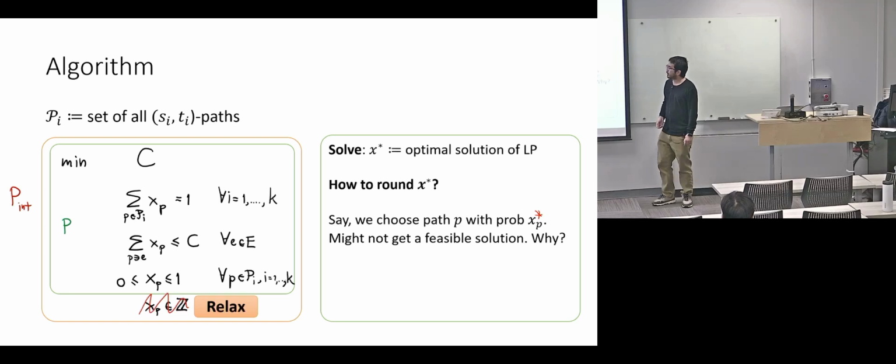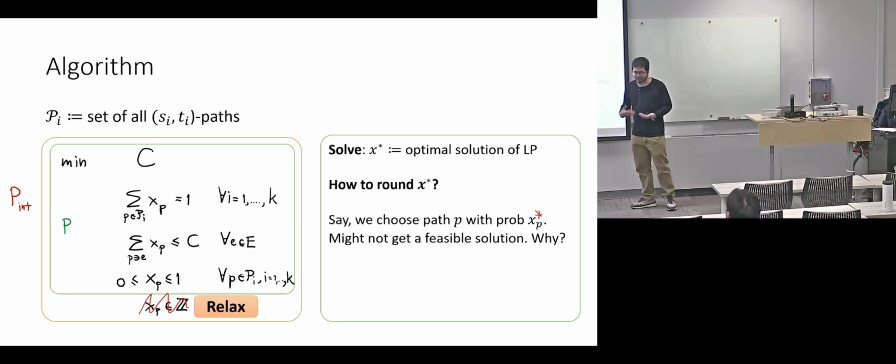But now, can we fix it the same way as before? Not quite, because for every pair, every demand pair, we want to choose exactly one path.